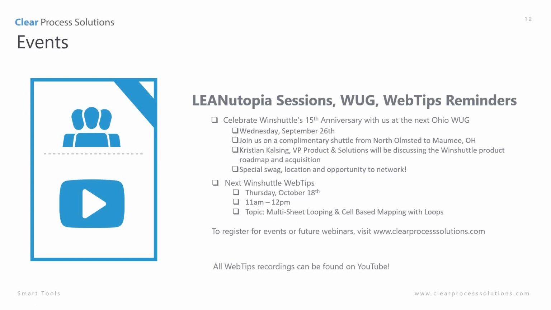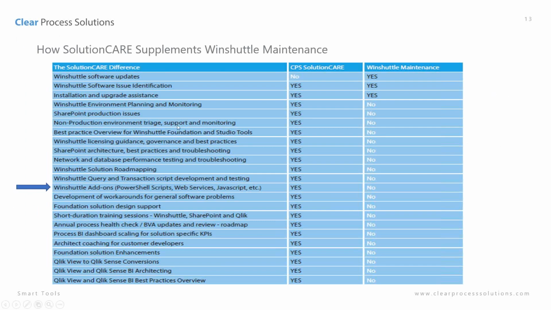I don't see any other questions, so definitely give us a call if you'd like to have Smart Tools installed. Let's go to one more slide here because I wanted to show this. This is Solution Care. We do a lot of things under Solution Care. I happen to be the Solution Care manager, so I wanted to point the arrow to where Smart Tools really lines up. It's the Winshuttle add-ons, PowerShell scripts, services, JavaScript, etc. We do a lot of this type of work where we write things like Smart Tools.